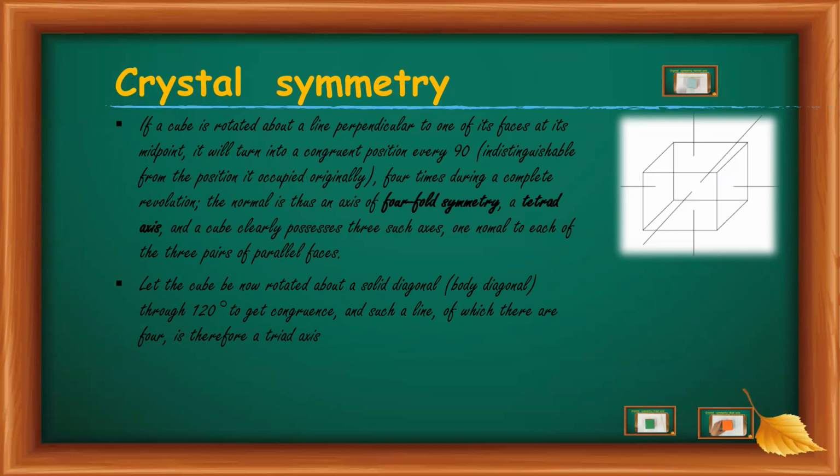So this axis is known as a triad axis, and it has an order of 3. By an order of 3 we mean that if we perform 3 such operations, it will reach the initial position.